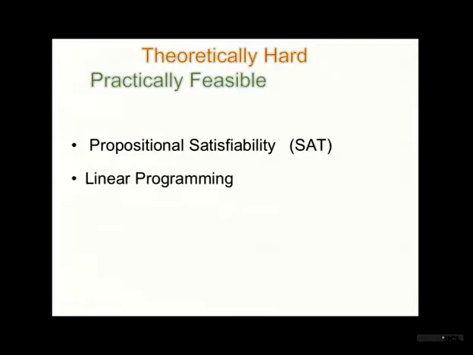Another example is linear programming, and that's a very famous success of Spielman and Teng. Theoretically, it's supposed to be hard, but we have algorithms, like the simplex algorithm, that work in practice, and they could show with a different analysis, smoothed analysis, that you can explain why it is working in practice.